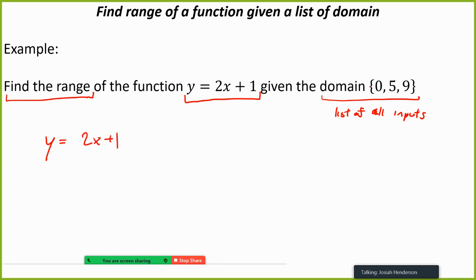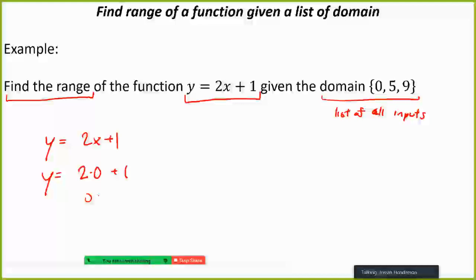We're going to plug in the x numbers, the input numbers, one at a time. So I'm going to start by plugging in a 0 for x. This is now like what we were doing in the first unit when we were simplifying and evaluating linear functions. So I plug in my 0 for x, and I multiply and add 1, and then we get a y number, and that's our range number.